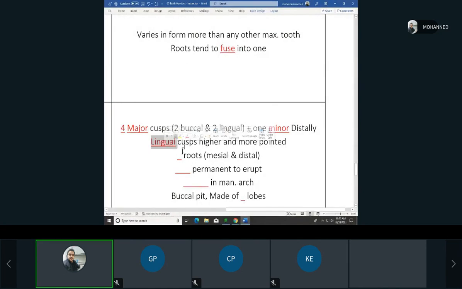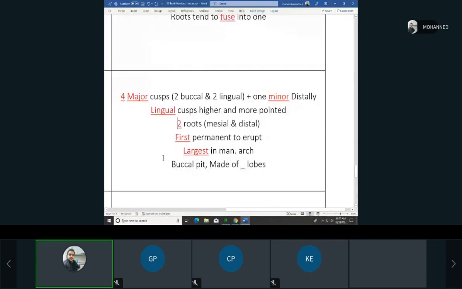Usually the lingual ones are higher compared to the other ones. Usually it was the buccal ones that are higher. These are the lingual ones. It has 2 roots, and it's the first to erupt and the largest in the mandibular arch.